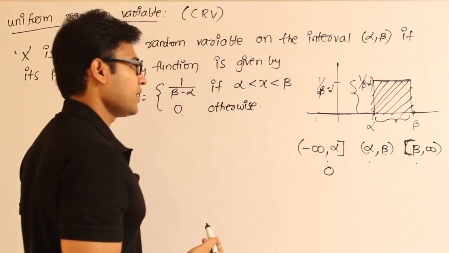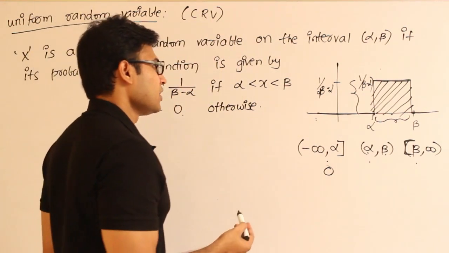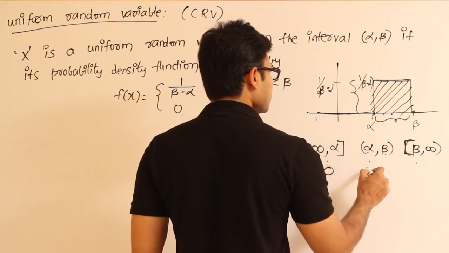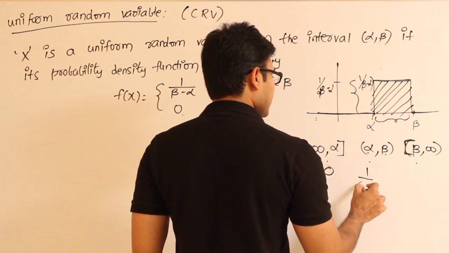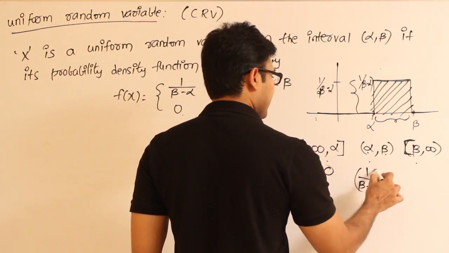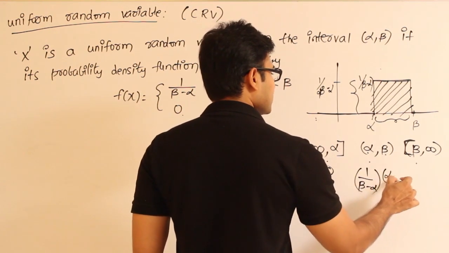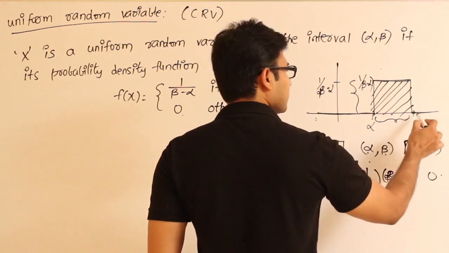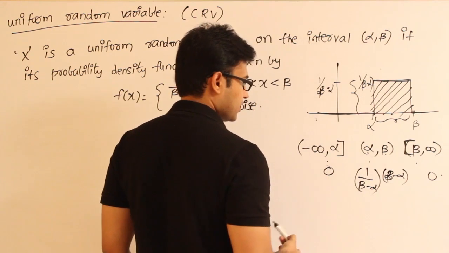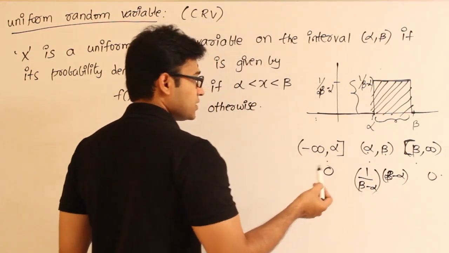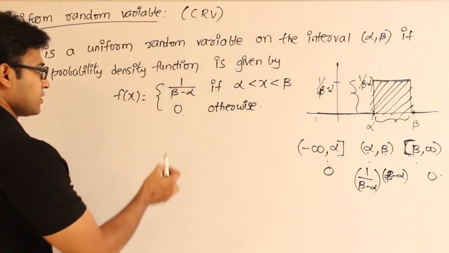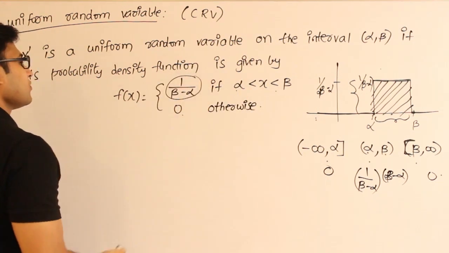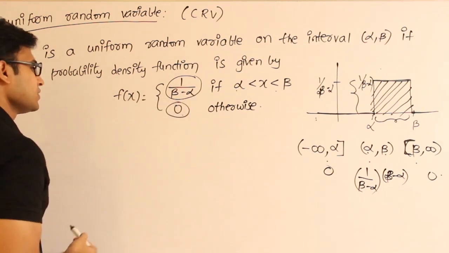We know that for a rectangle the area is length into breadth, so we multiply 1 by beta minus alpha with beta minus alpha. For the last part it is 0 again, because after beta it is defined as 0. Only between alpha and beta the value is 1 by beta minus alpha, for all the other values it is 0.